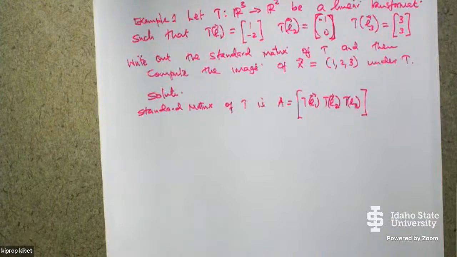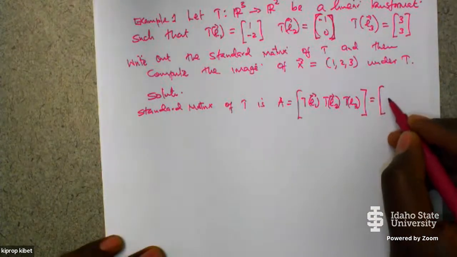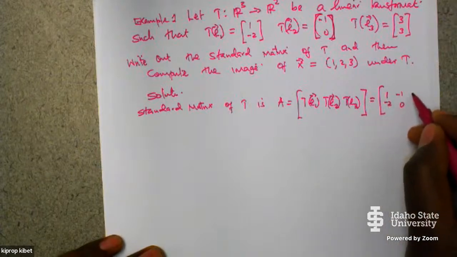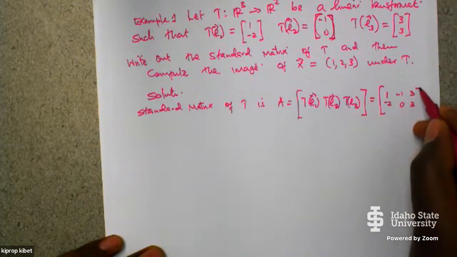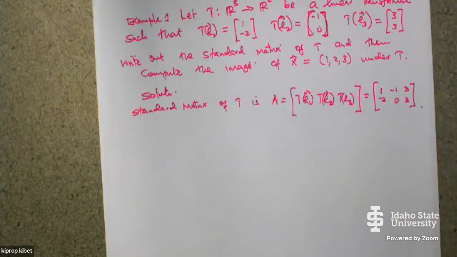So that is our standard matrix, which is the same as 1, -2, -1, 0, and 3, 3. That is our standard matrix.